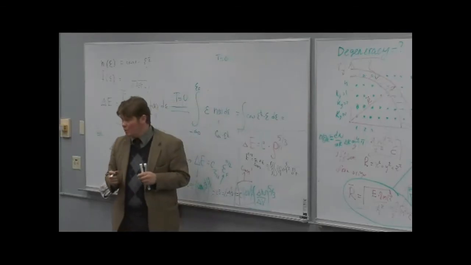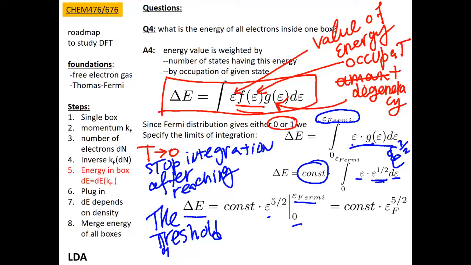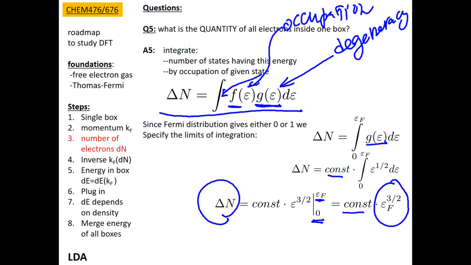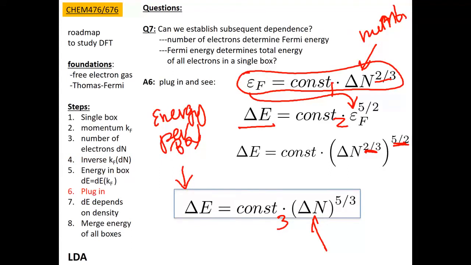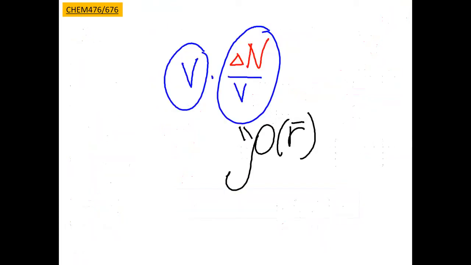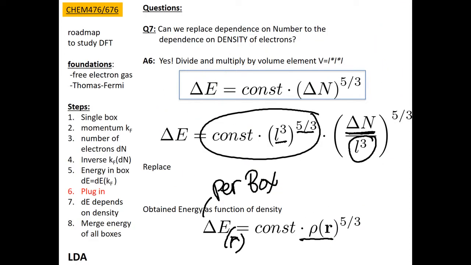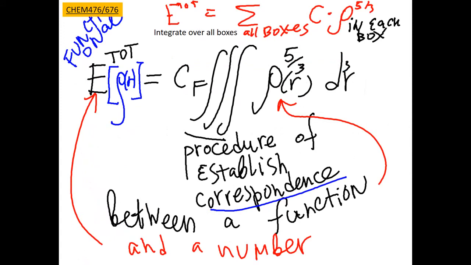So this is where we were starting. To wrap it up, the total energy is expressed in terms of the density. If we integrate it over the whole space, we are getting the total energy, and we establish a connection between the density of electrons and the total energy.